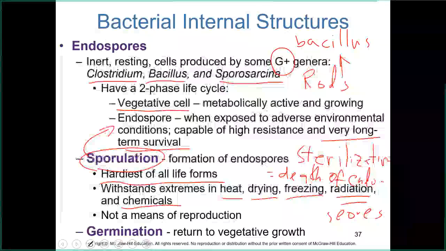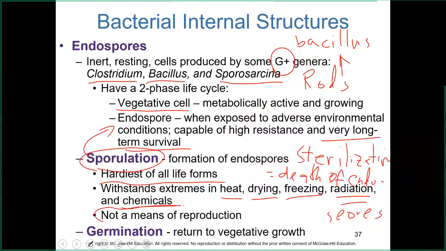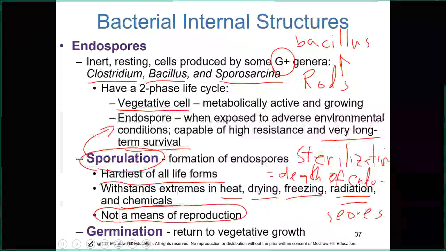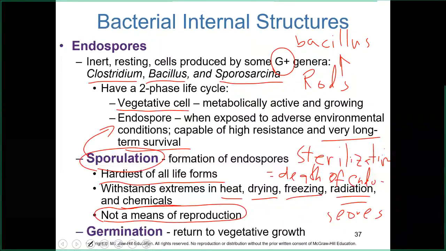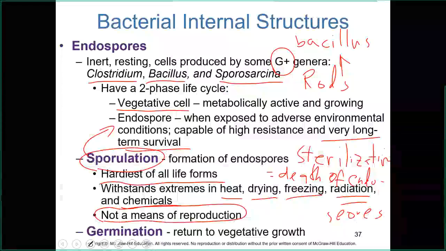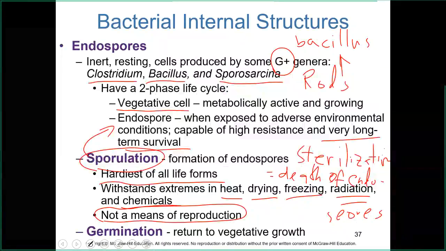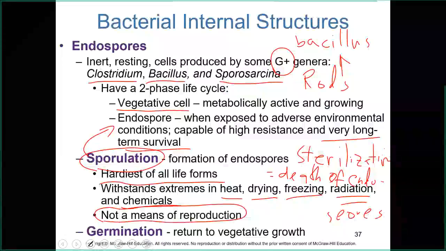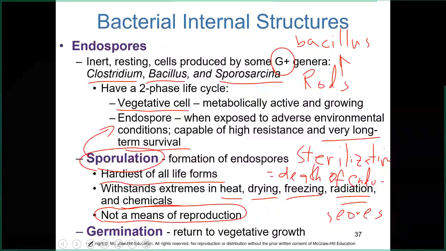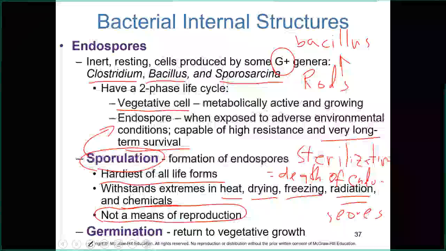And once again, I'm going to say it again. You probably have a question on an exam about this. Forming endospores is not an adaptation that is used in reproducing. This is not for reproduction. The formation of endospores, sporulation, is for survival.